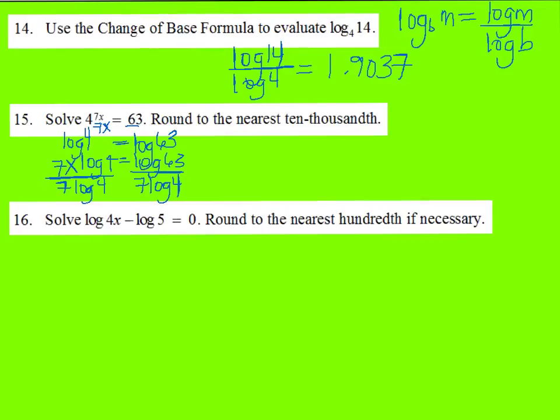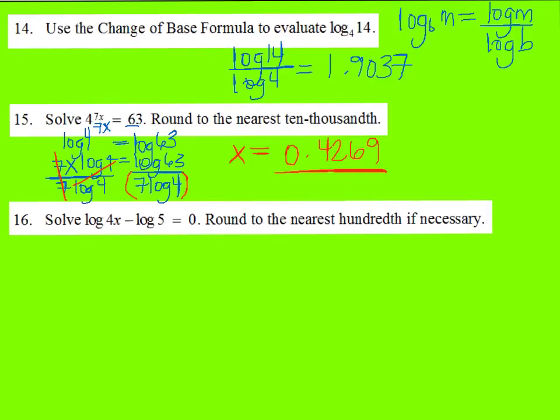That way, on the left side, the 7's cancel, the log 4's cancel, I'm left with x is equal to, and once I put this in my calculator, and in my denominator, make sure you use parentheses there, rounding to the nearest 10,000th, we get 0.4269.